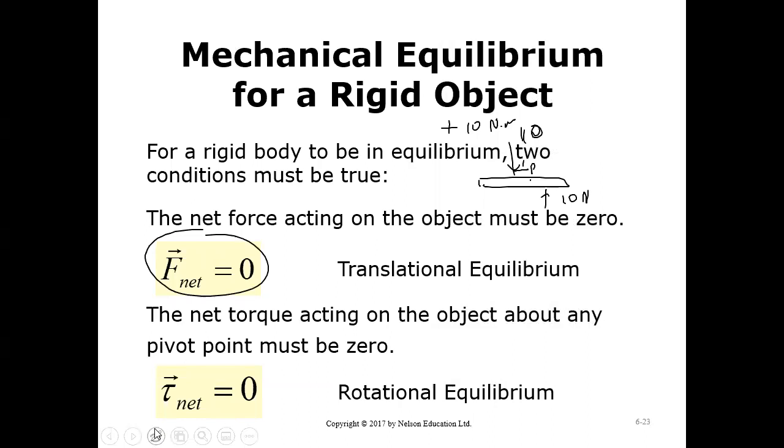So let me use different colors now. And from this guy, also plus. Both of them about the point P. Say it is pivoted here. Both these forces have a positive torque, right?